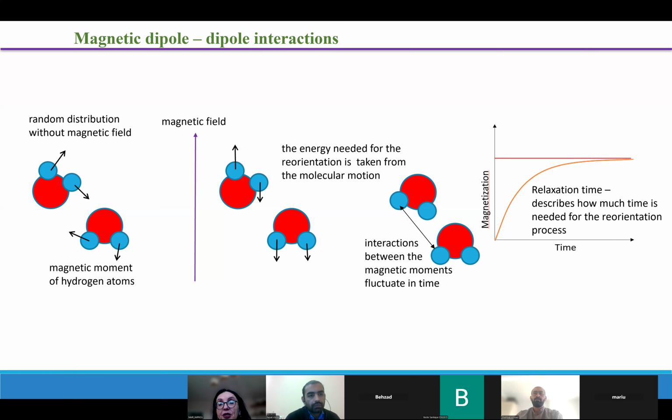But also between protons belonging to hydrogen atoms of different water molecules, because we have a lot of water molecules. And the magnetic dipole-dipole interaction is just the way they touch each other and how they transfer energy.